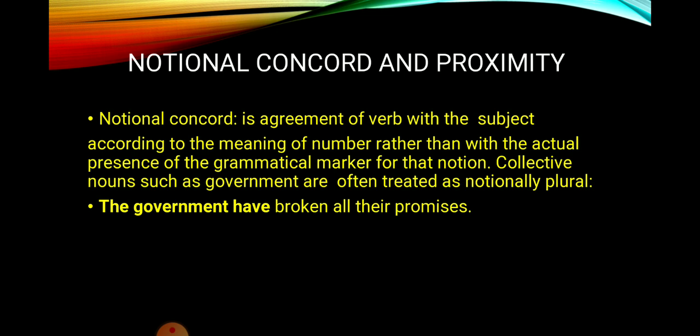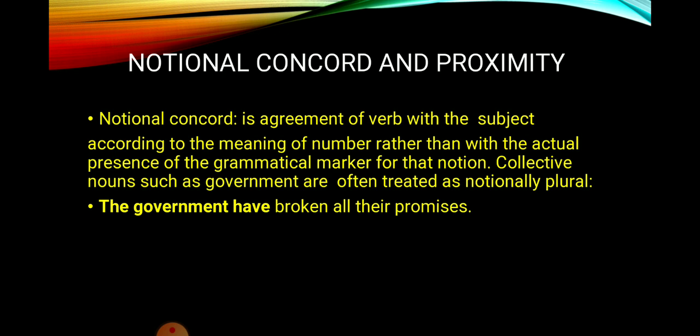Let us take the following example. The government have broken all their promises. Now, if we come to the noun government, it is a collective noun, by the way. If we look at it grammatically, it is singular because it doesn't have the s as a plural.